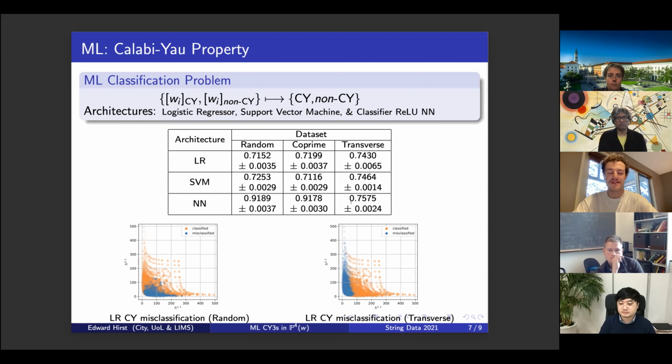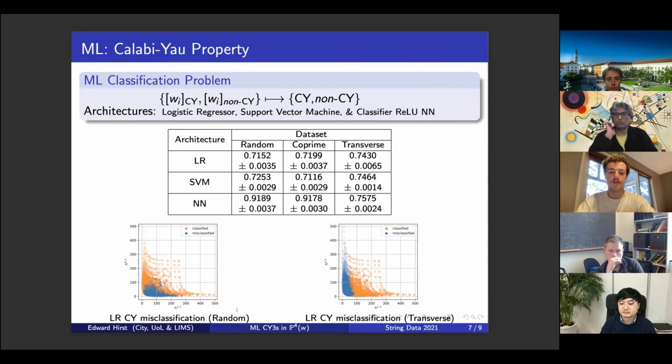And for this, we do some misclassification analysis. So in each case, we take a logistic regressor and we take just 50 Calabi-Yaus and 50 non-Calabi-Yaus from each database, so a small database, and train it on that. And then we run all of the Calabi-Yau data through it so that it can predict whether each of the Calabi-Yau data is correctly classified to have a Calabi-Yau hypersurface, which we plot in orange, or incorrectly, which we plot in blue.